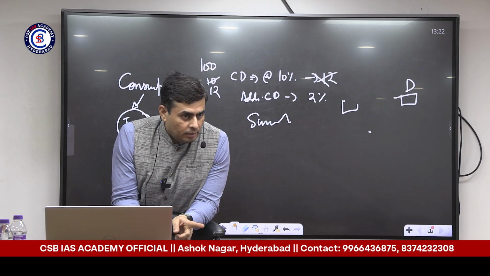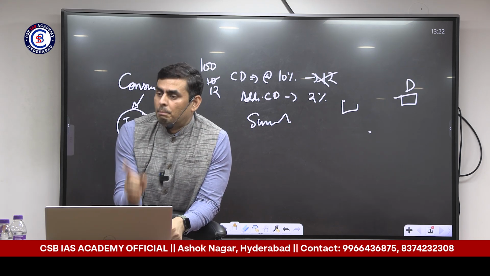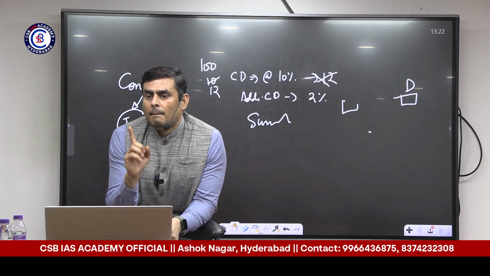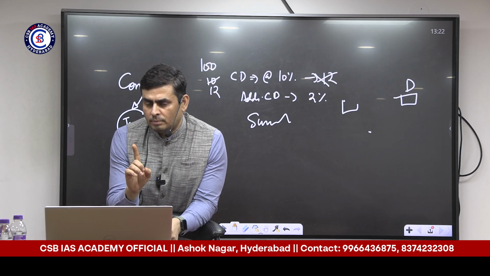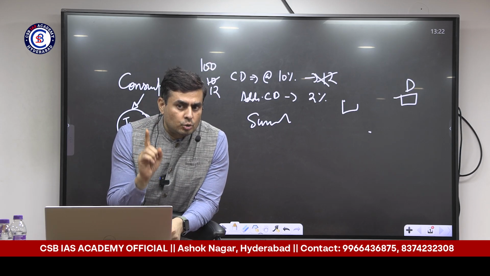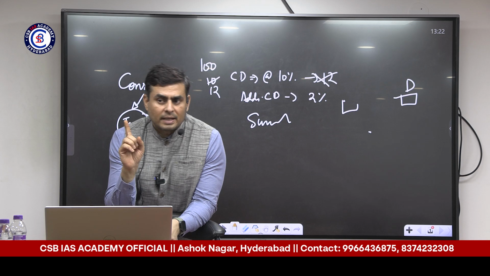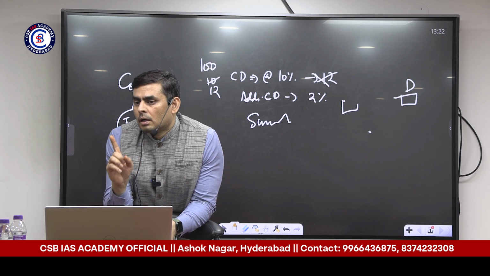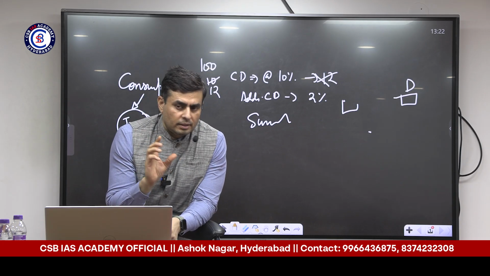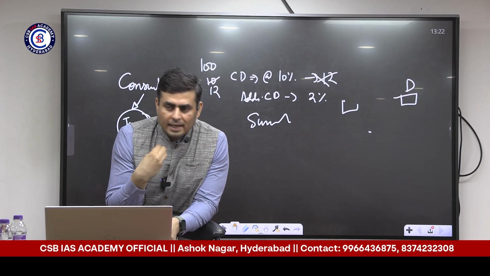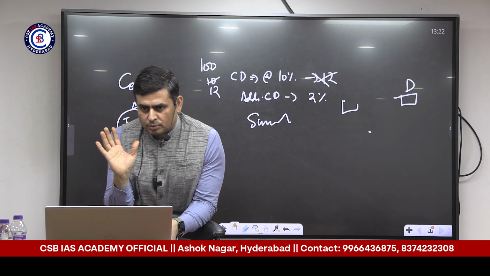So inflation and tax both impact what? The public's actual capacity to consume. And this actual capacity to consume is slightly different from disposable income. So see, one concept is disposable income: how much I can use for consumption.